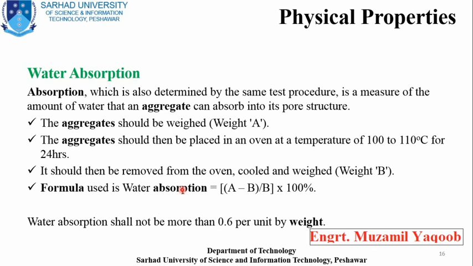If we are talking about its average value, water absorption shall not be more than 0.6% by weight. If you are taking a sample of 1 kg, it should not exceed 0.6% of 1 kg. If you are taking a sample of 100 grams, it should not exceed 0.6% of 100 grams, and vice versa, whatever unit you are using.